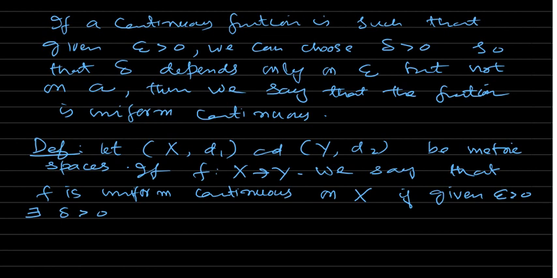There is delta positive such that... Now, what I said earlier: in continuity at a point, we say the function is continuous at that point if given epsilon positive there is delta.